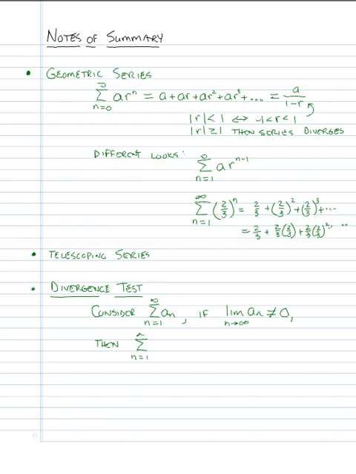So we have to separate the idea of the terms and the addition of the terms. If the limit of the terms is not 0, then the sum of the terms is not finite. So that's a very quick way sometimes to tell whether a series diverges, not whether it converges. That's the only thing we're testing here.